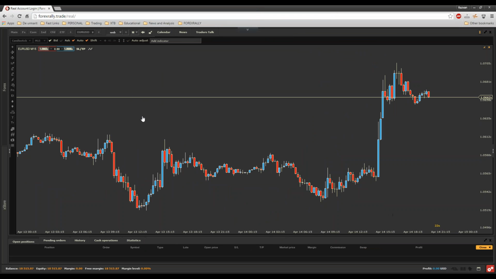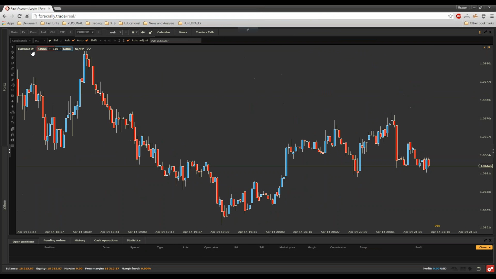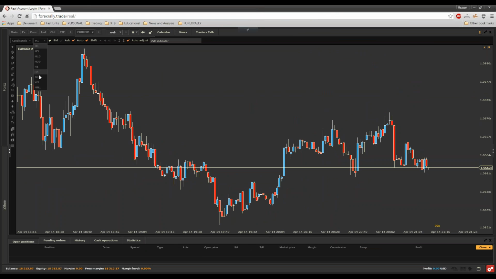This is a chart. This is a euro dollar chart for M15. You can see here euro dollar and after that M15. This means 15 minutes. You can actually change this time frame from 1 minute. This is 1 month, sorry. From M1, this is 1 minute, to MN, month 1.